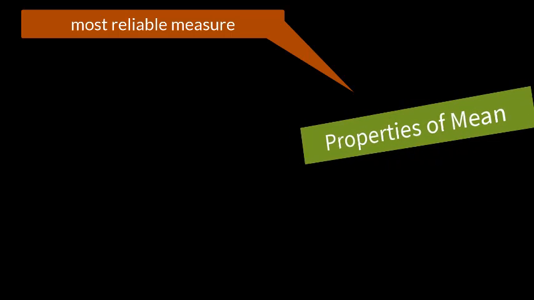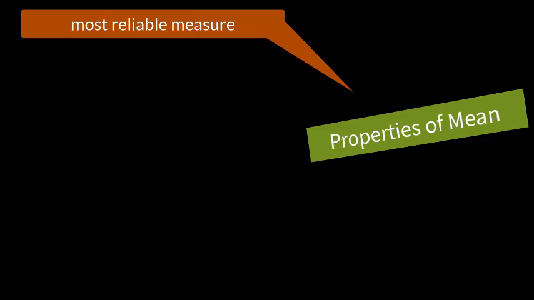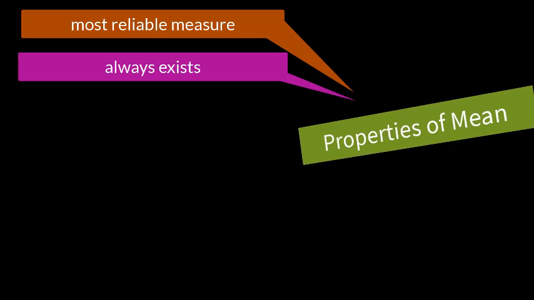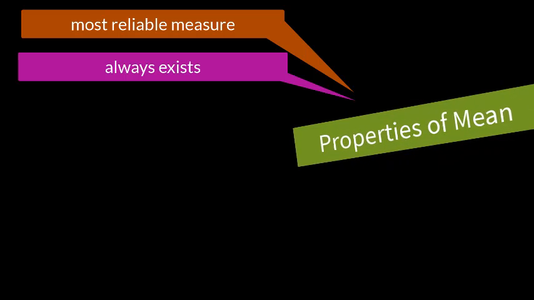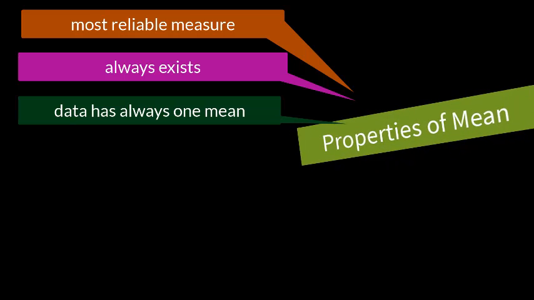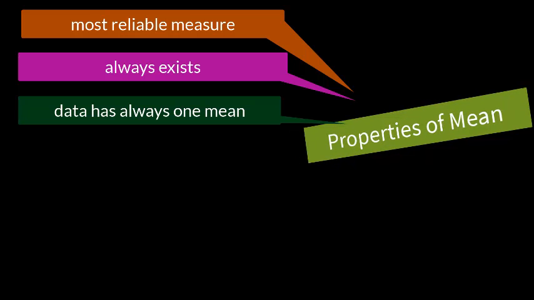We have 7 properties of the mean. The first, it is the most reliable measure of central tendency since it takes into account every item in the set of data. Second, it can be calculated in any set of numerical data, so it always exists. Third, a set of numerical data has only one mean.